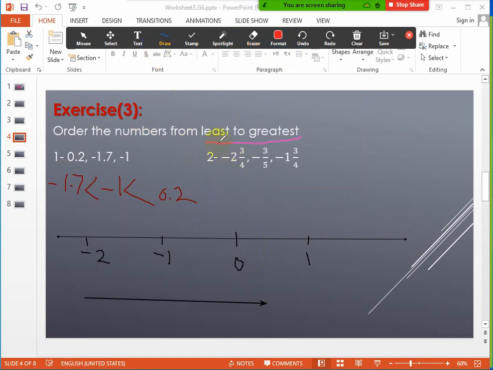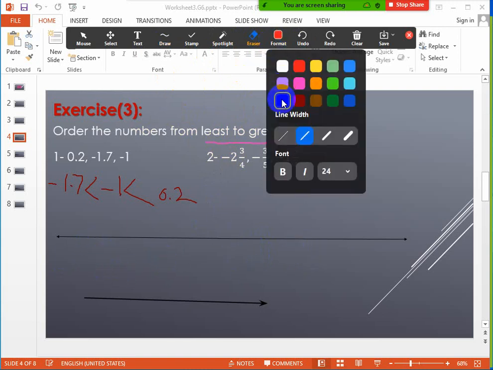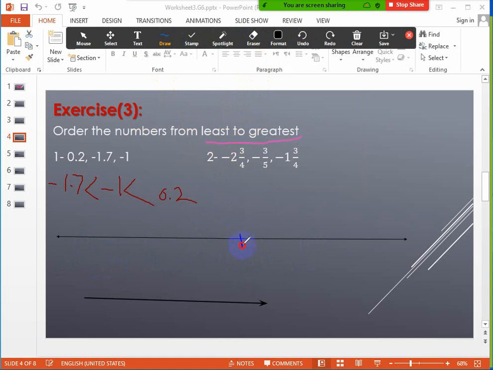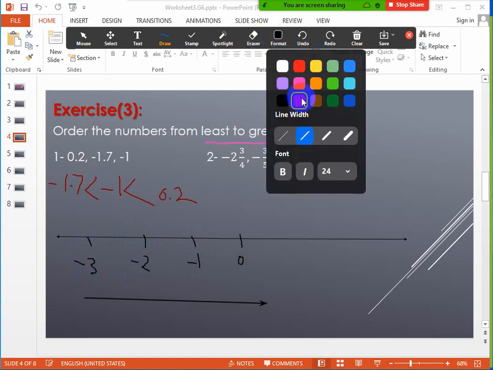First, I have to locate negative 2. I will rewrite the numbers. This is 0. This is 1 or negative 1. This is negative 2. And this is negative 3. Okay, I want to locate the numbers on the number line.